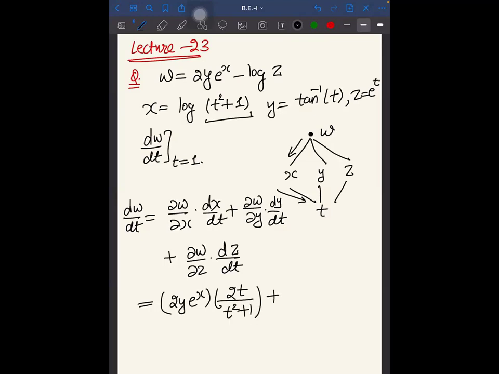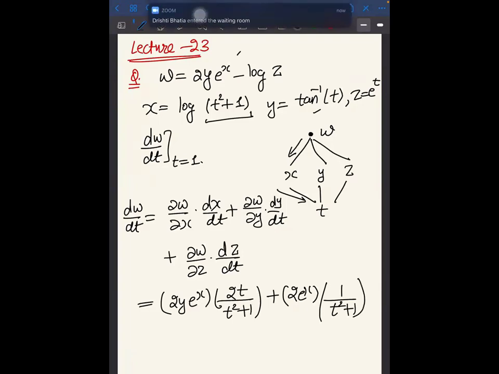Curly w upon curly y would be 2ex into 1 upon 1 plus t square plus 1, right? Can I write it this way? Plus curly w upon curly z, that would be minus 1 by z into dz by dt.